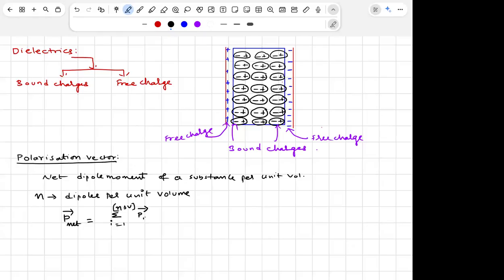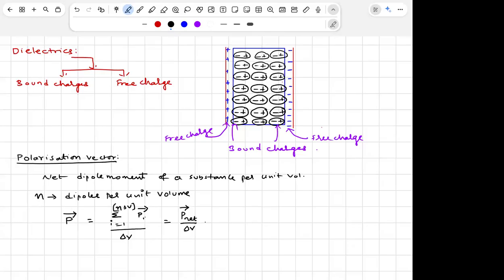Sum of p_i bar, and the total volume of the specimen that I have taken is delta V. By doing all this, I will get the net dipole moment per unit volume, and this is called the polarization vector.